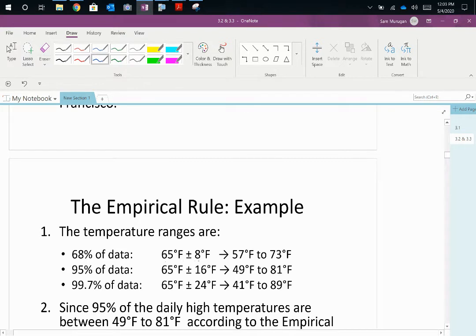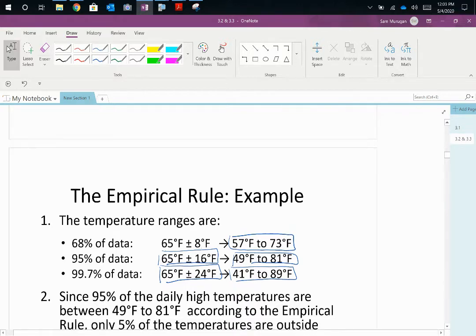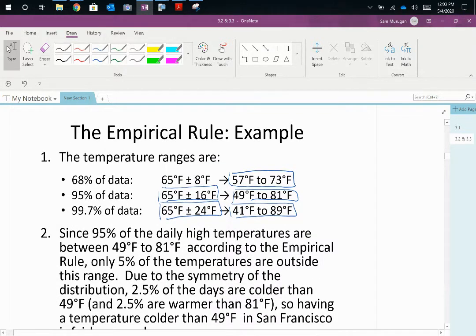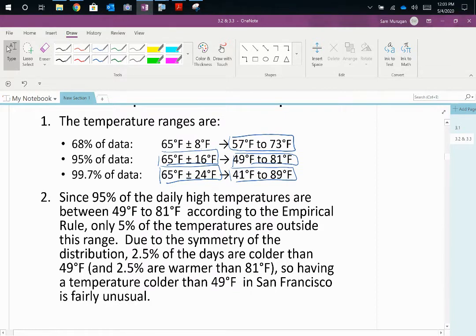The mean plus or minus the standard deviation covers 68% of the data. The mean plus or minus 2 times the standard deviation covers 95% of the data. And the mean plus or minus 3 standard deviations covers 99.7% of the data. This just breaks down everything we've said, so I'm not going to read all of it to you.